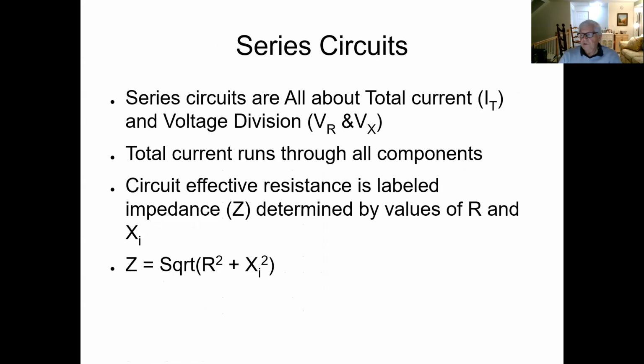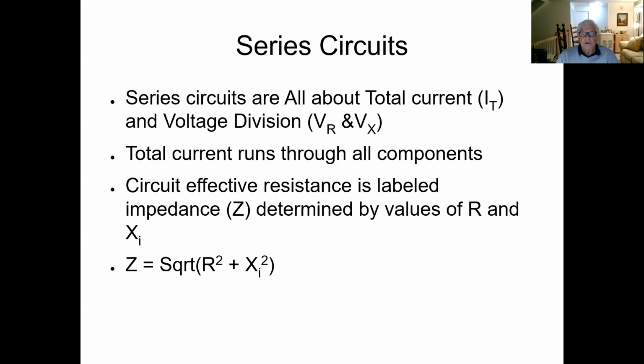So series circuits are all about total current. In other words, if you have a series circuit, no matter what components are in there, there's one current that flows through all of those. And if you have total current, we've got voltage division. So we've got resistance voltages and reactive voltages, VR and VX.